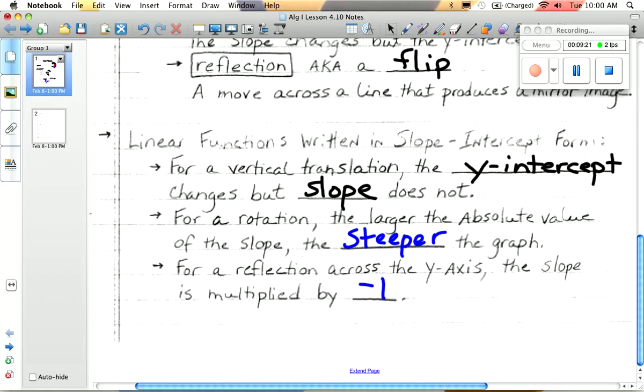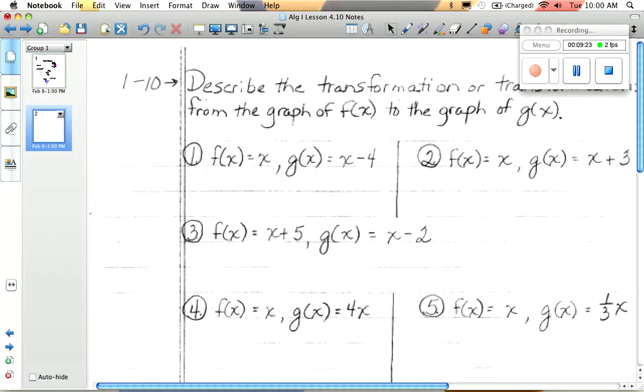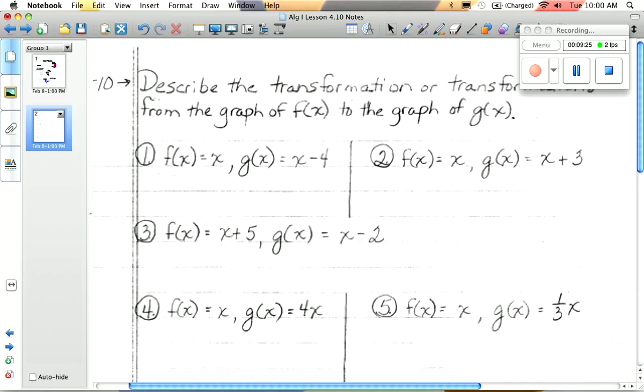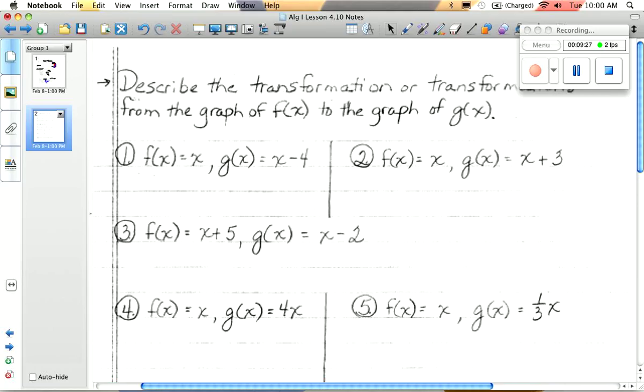Okay, so let's go to the back side here. And it says our directions are to describe the transformation or transformations from the graph of f(x) to the graph of g(x). Now let me tell you, remember, f(x) and g(x), what kind of notation is that?